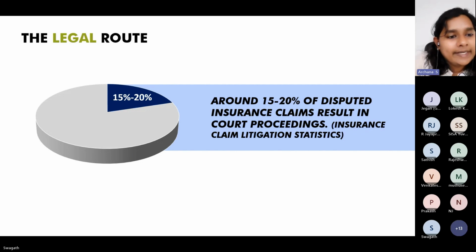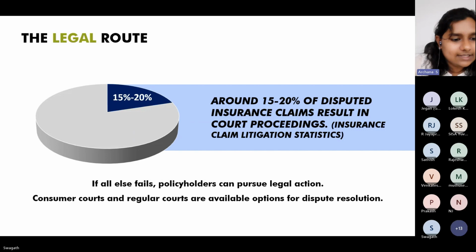Around 15 to 20% of disputed insurance claims result in court proceedings. So if all else fails, we still have one more hope, that is you can pursue legal action. At the end of the day, it is an agreement between you and the company. Consumer court and regular courts are available options for dispute resolution.